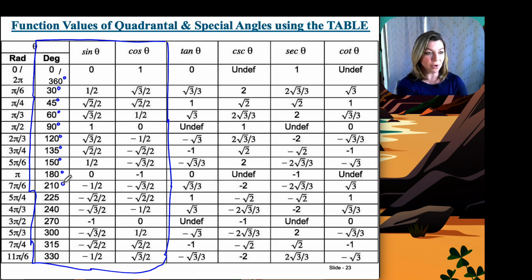Okay, the unit circle also gave us coordinates. So the x coordinates were all the cosine of theta values, all listed here. These were all the x coordinates you saw in the unit circle, and these were all of the y coordinates that you saw in the unit circle. Okay. Now, where does the rest of this information come from?